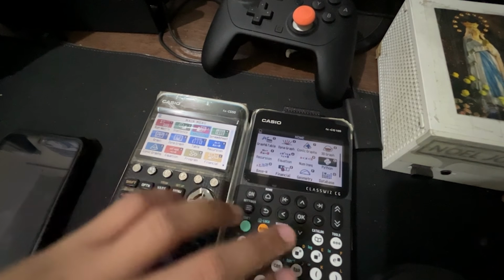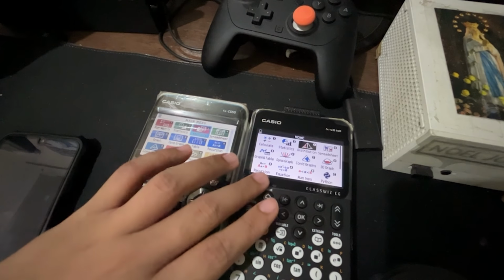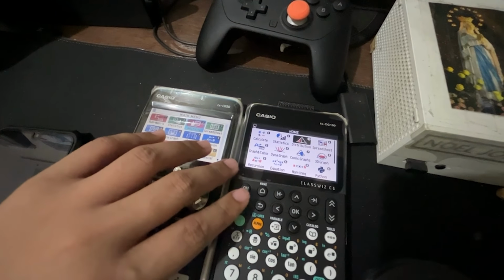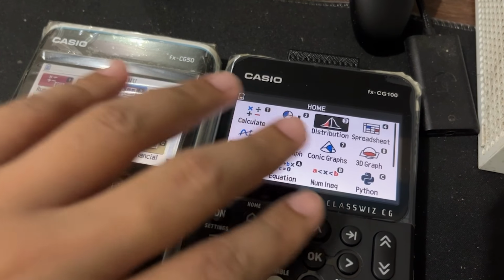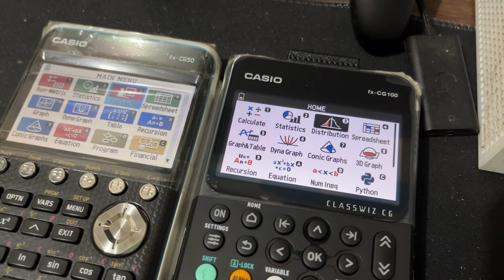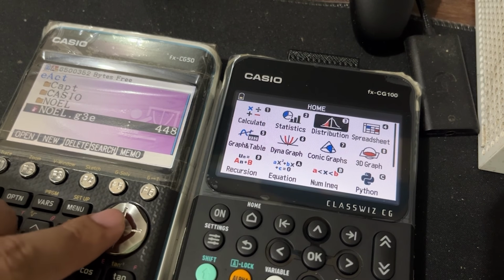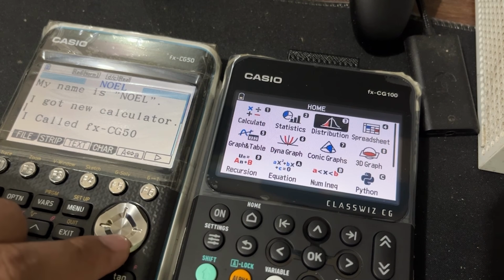But it doesn't have a notepad in the new versions. It actually doesn't have an activity notepad. For example, this one has a notepad. This one doesn't.